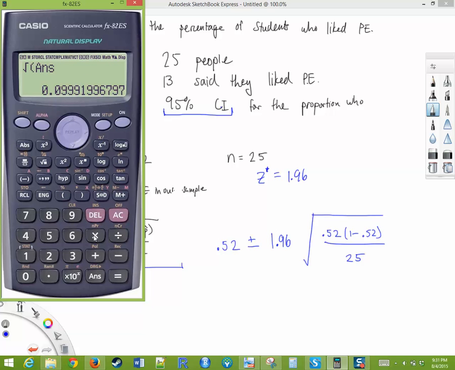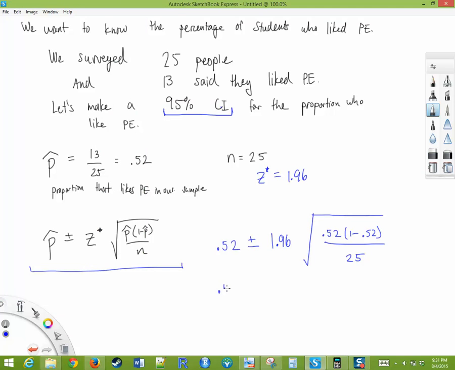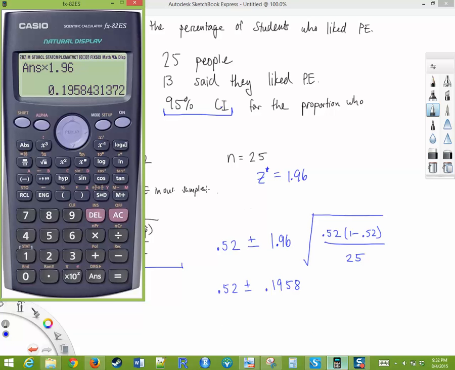And then I multiply this by 1.96. So I get this slightly atrocious 0.1958. Okay, so I'm going to have 0.52 plus or minus 0.1958. So I will do 0.52 plus that and 0.52 minus that.